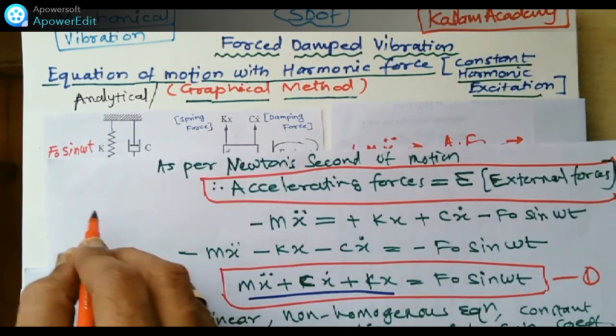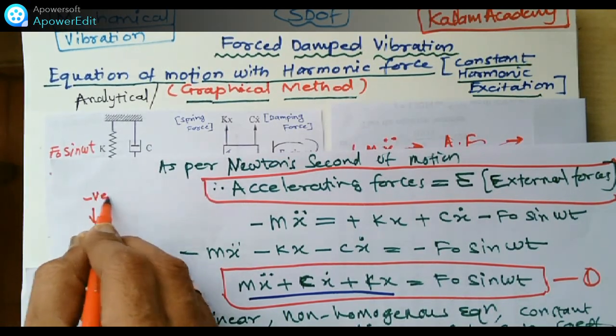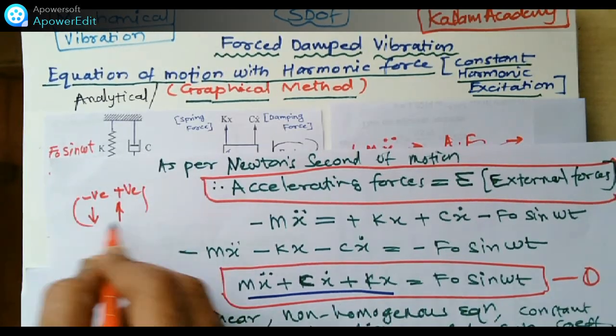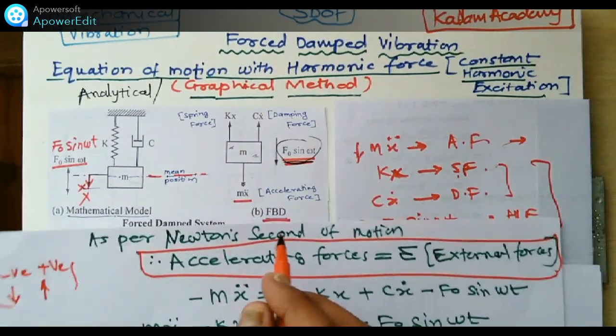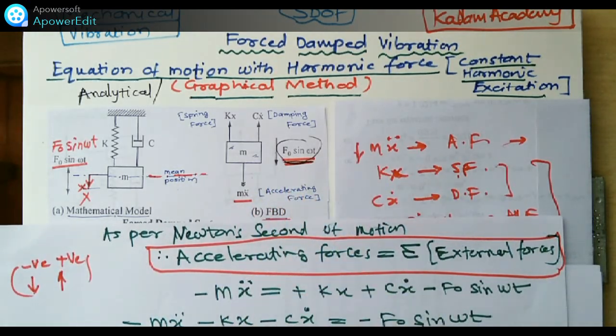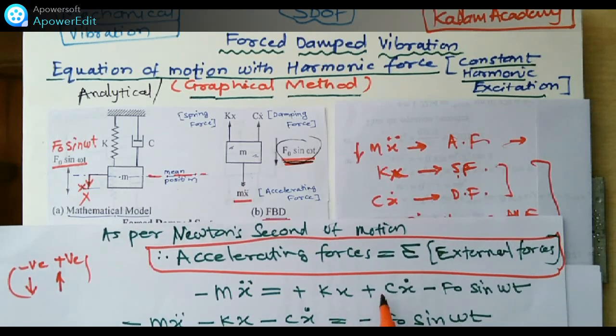Here the downward direction is taken as negative, and the upward direction of force is positive. This is the sign convention. You can see mx double dot and Fo are in the downward direction, so they are taken as negative with a minus sign, and the upward forces are taken as positive.